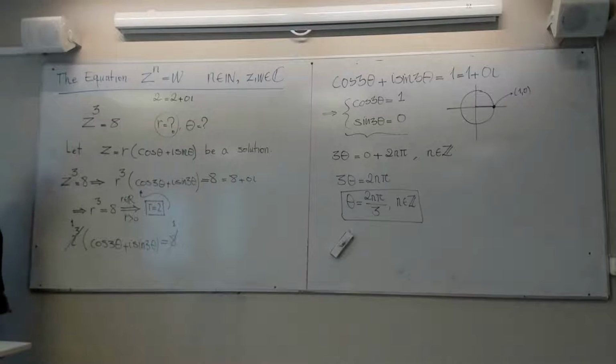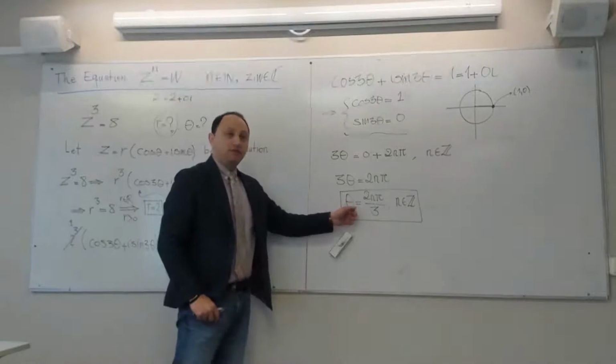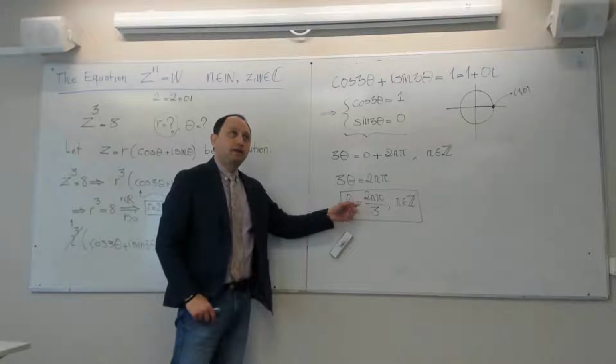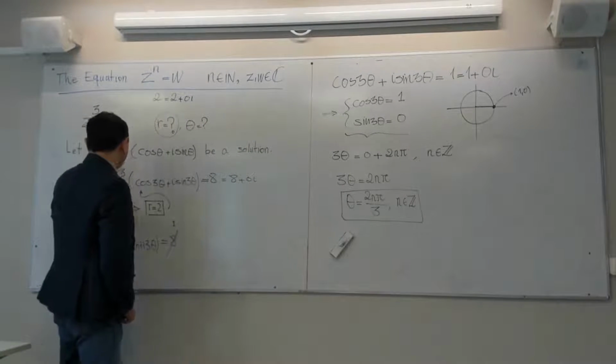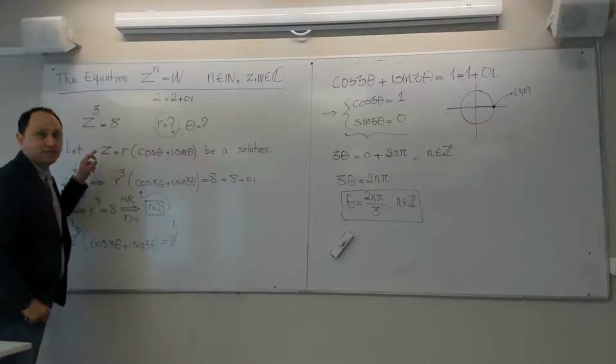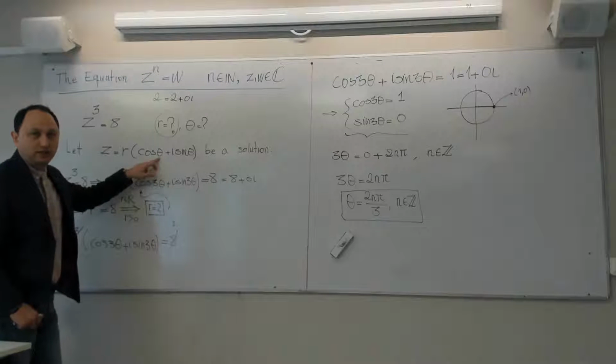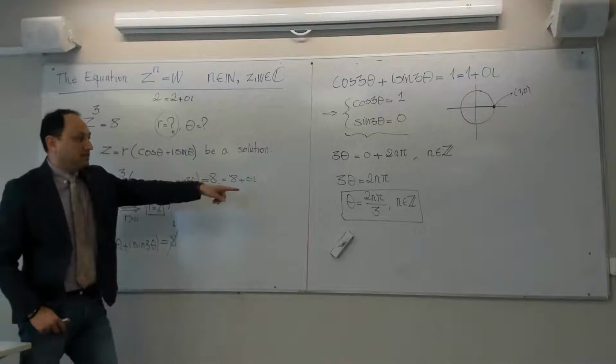Okay, but those infinitely many answers don't give rise to infinitely many answers for z, because my point is to find z. It's not my direct goal here. This is an intermediate goal.